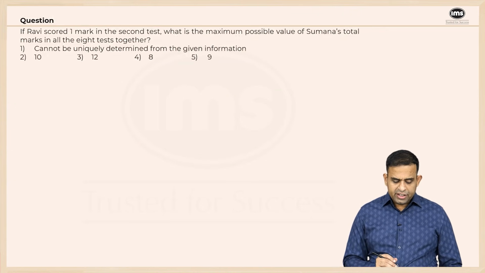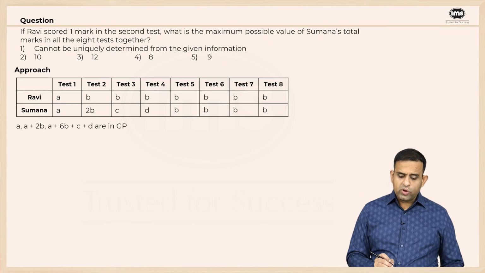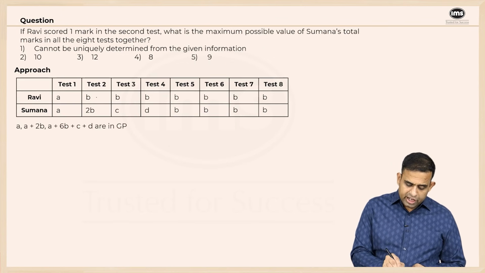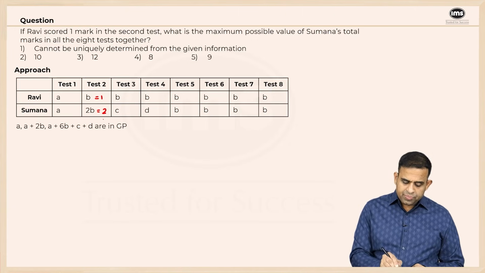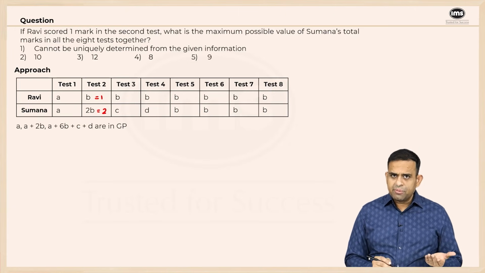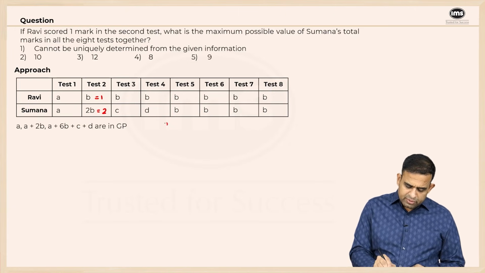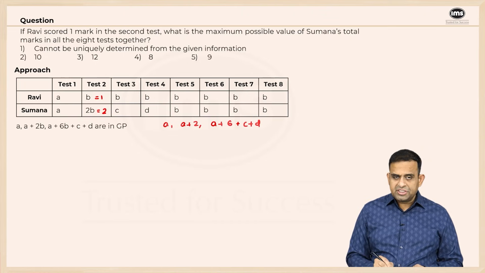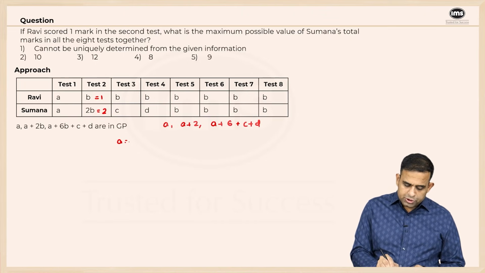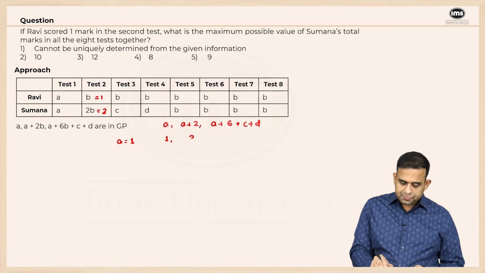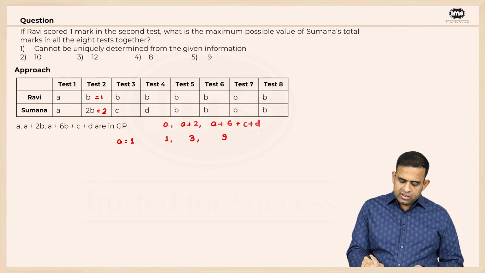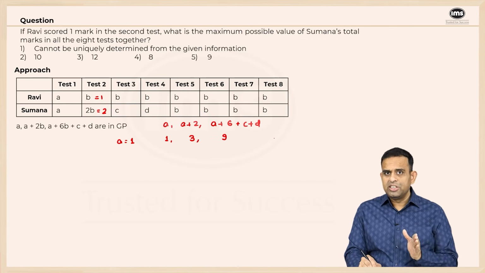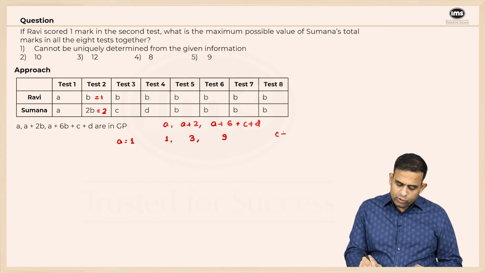And then finally, if I look at the next one, it says if Ravi scored 1 mark in the second test. So talking about the value of b as 1, we have seen that multiple cases are possible. This becomes a plus 2, and a plus 6 plus c plus d. So we have seen that if I put the value of a equal to 1, then you get 1, 3 and 9. Now this is very much possible because 1 plus 6 plus c plus d as 9 will give you c plus d equal to 2.